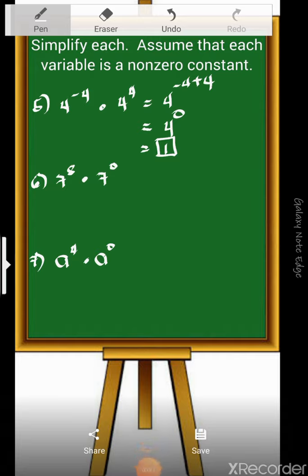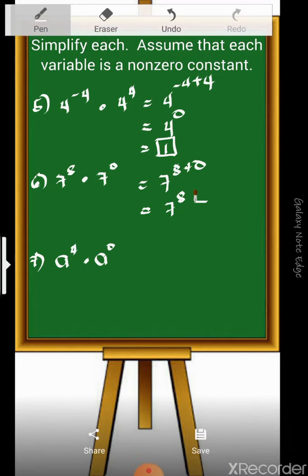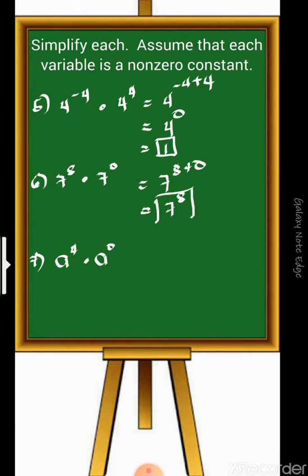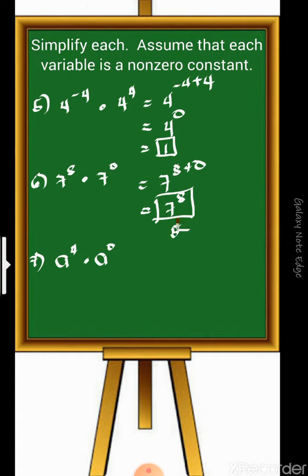Number 6, again by applying the product rule for exponent, it will become 7 raised to 8 plus 0. So the answer is 7 raised to 8 because 8 plus 0 is 8. Or if you are going to simplify, the answer is 5,764,801.